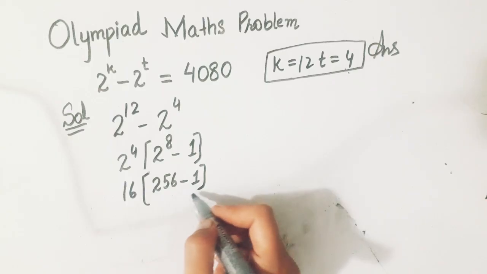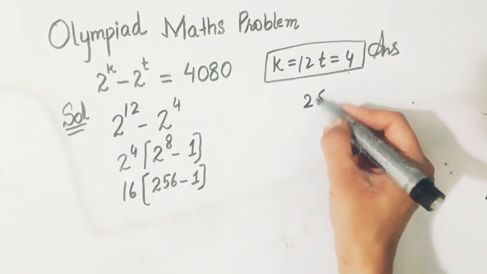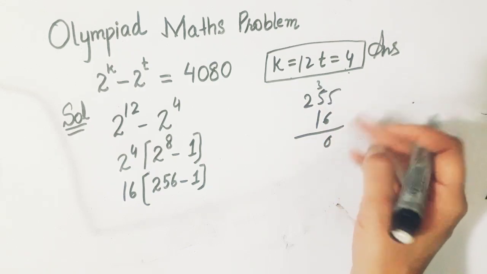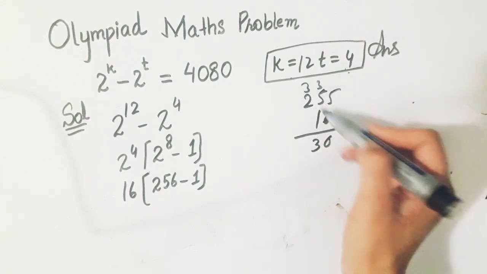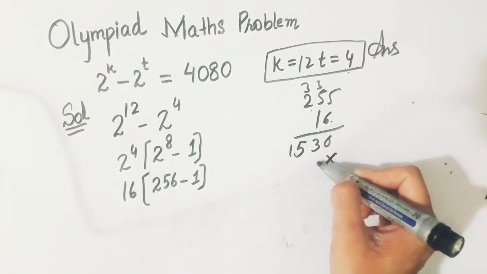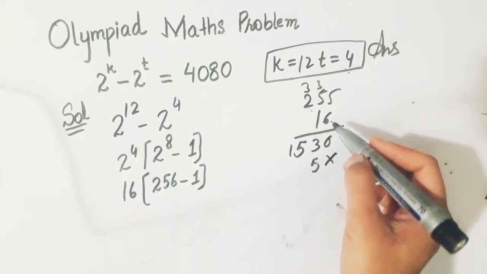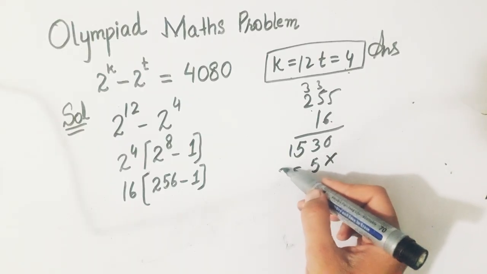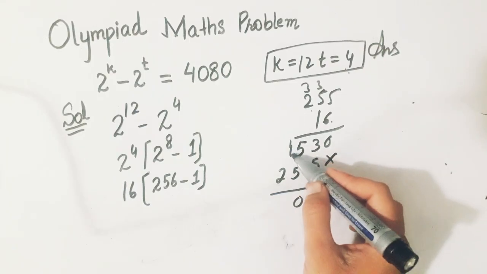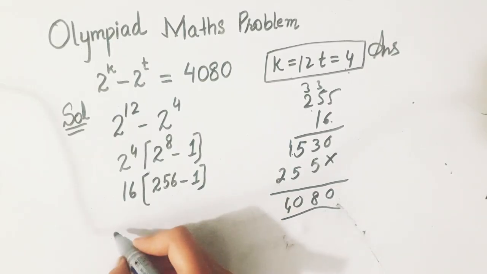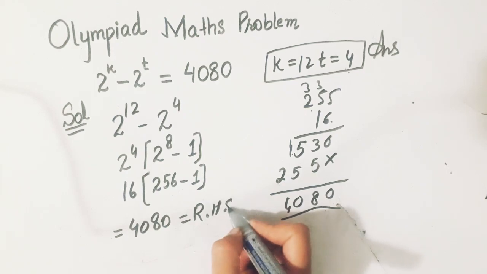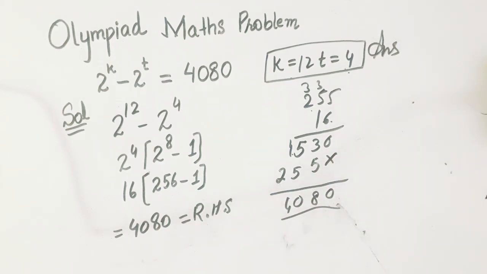So 256 minus 1 is 255, into 16. 6 5s are 30, 31, 32, 33, and 6 2s are 12, 13, 14, 15. So we get 4080, that equals the right hand side. That means our solution is correct.